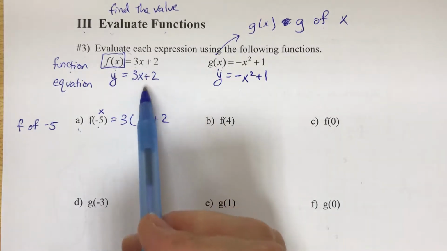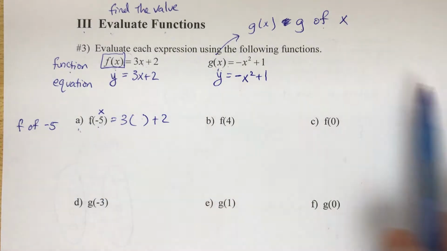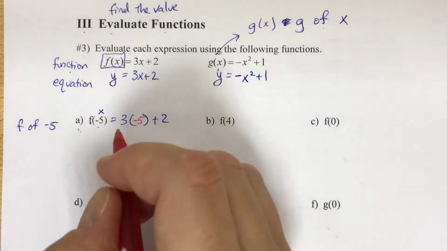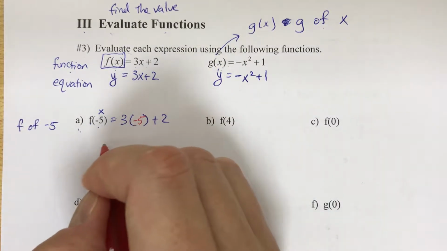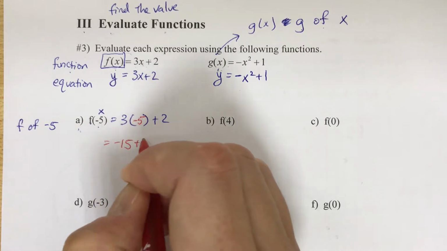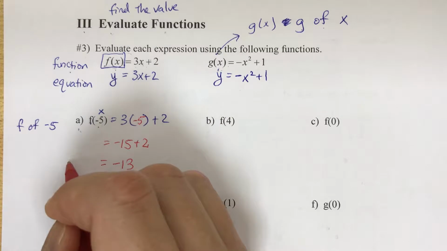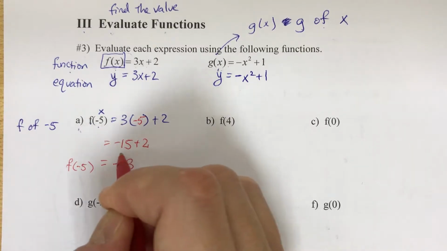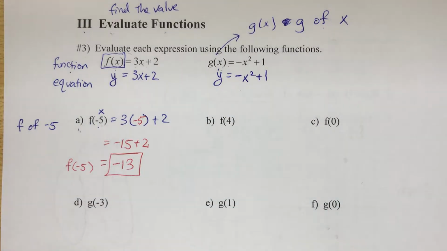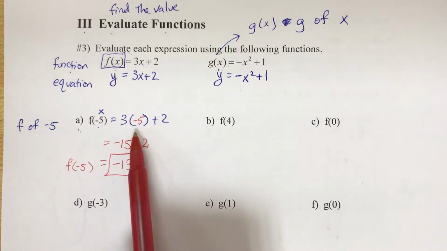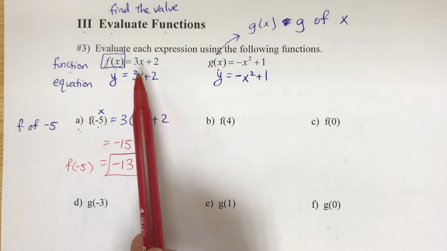So 3 times x plus 2, well, the x value is negative 5. And then we work it out. So 3 times negative 5 is negative 15 plus 2. So f of negative 5 equals negative 13. That's it. We're not solving an equation. We are evaluating an expression. And in this case, it is a function.